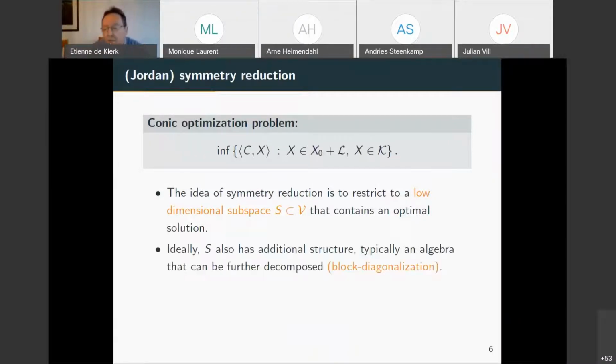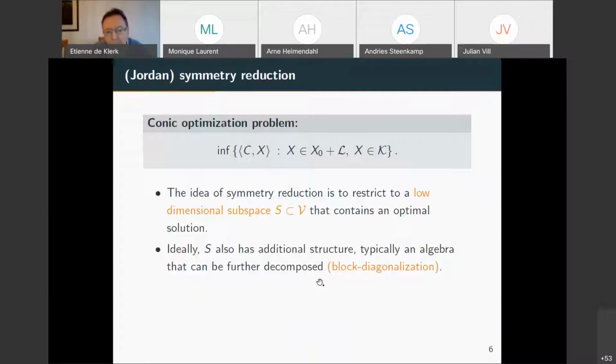But there is also usually an extra advantage, because in particular we are interested in restricting to subspaces that have additional algebraic structure. So typically this subspace that we restrict to is also an algebra, maybe a matrix star algebra for our cases, or some other type of algebra. And that can be further decomposed.